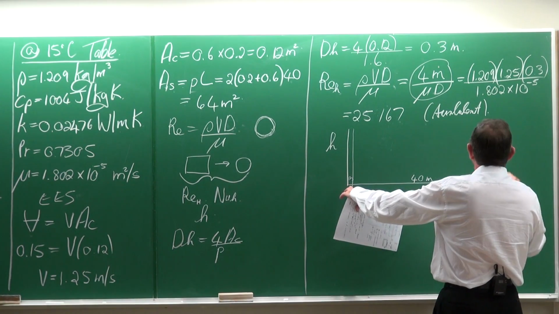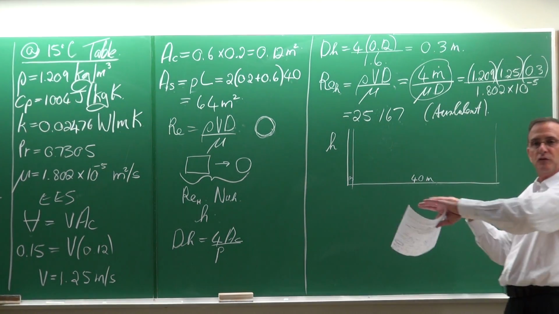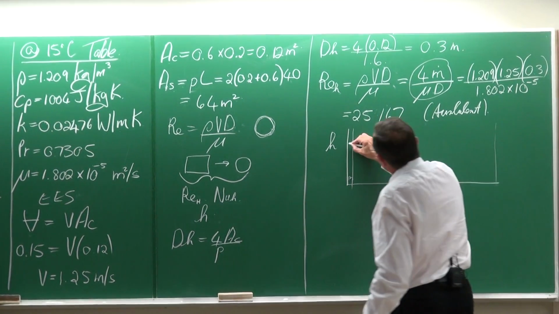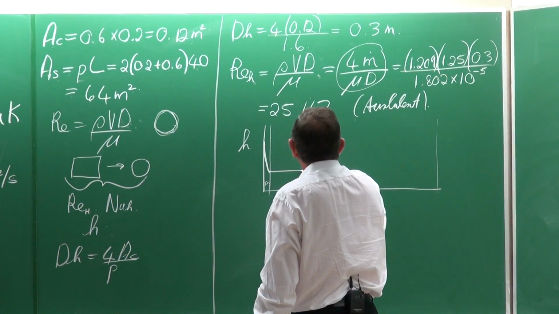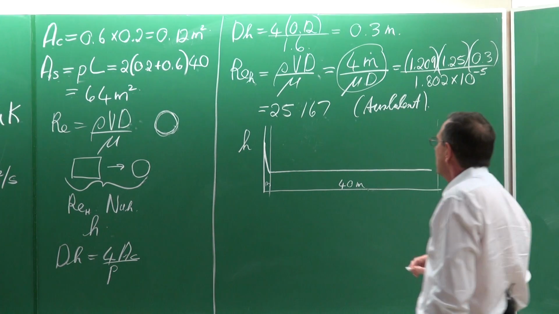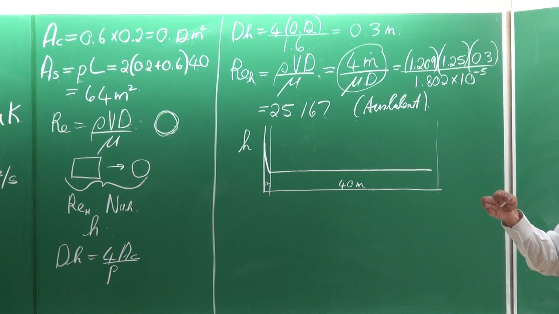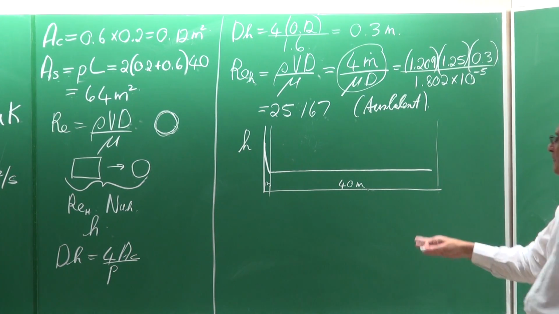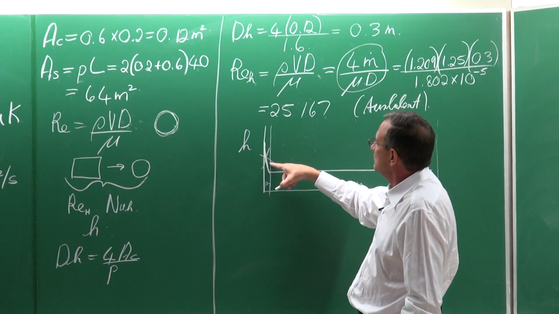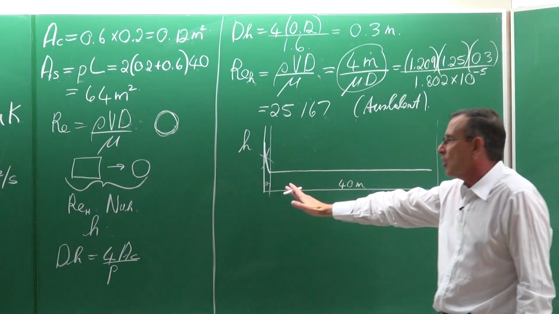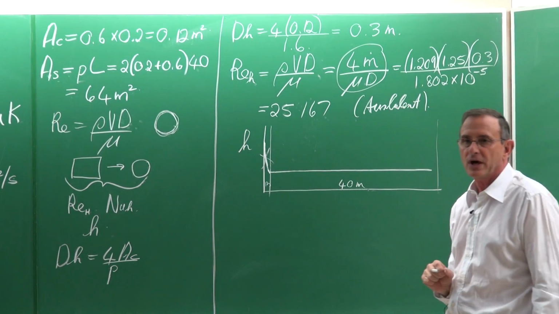So it is less than 10% of the total length of the tube. So the heat transfer coefficient in the first 3 meters would be higher, but after that it's going to be constant. So for more than 90% of the length of the tube, the flow is fully developed. And therefore, it's a good assumption to say we disregard this part of the equation.